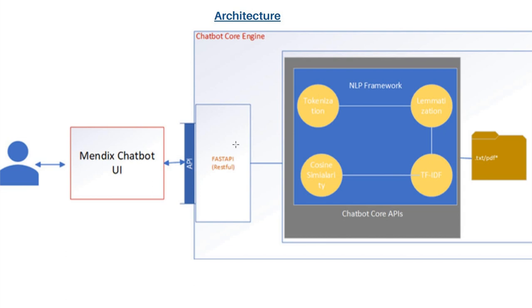The input, the knowledge base data, is fed into the engine as text files or PDFs. The APIs that are exposed are consumed in the Mendix application using Mendix REST services and visualized in the Mendix chat window.